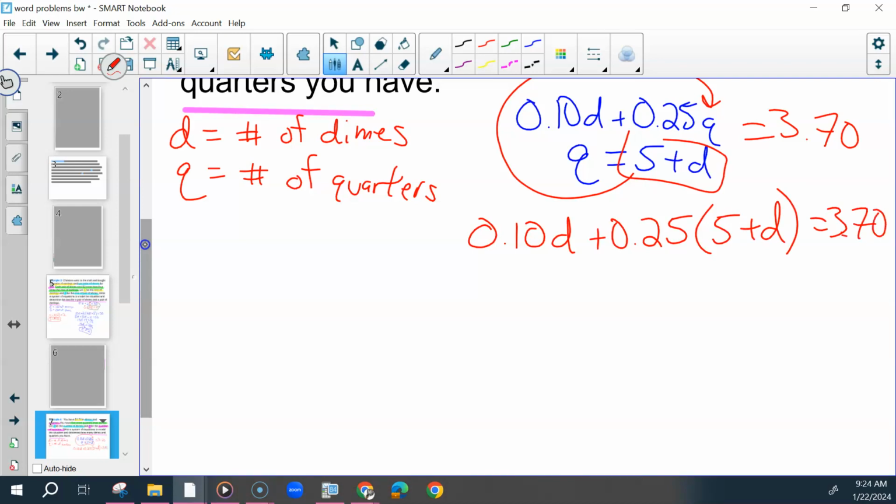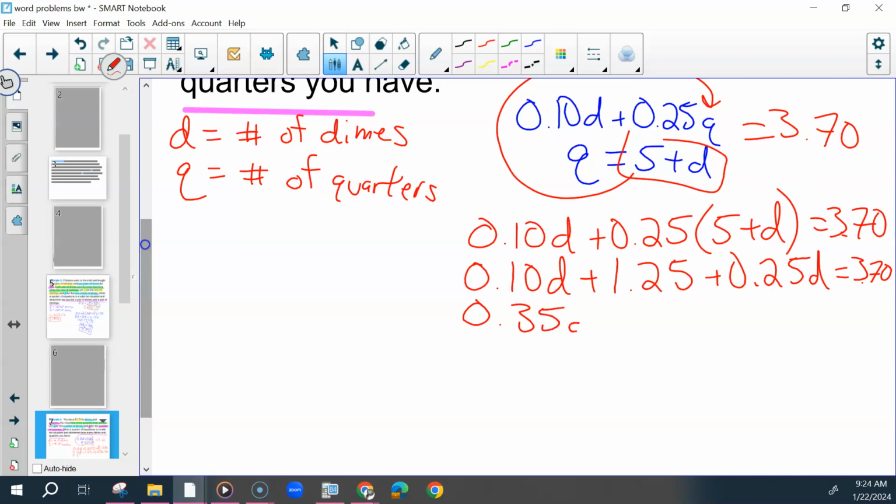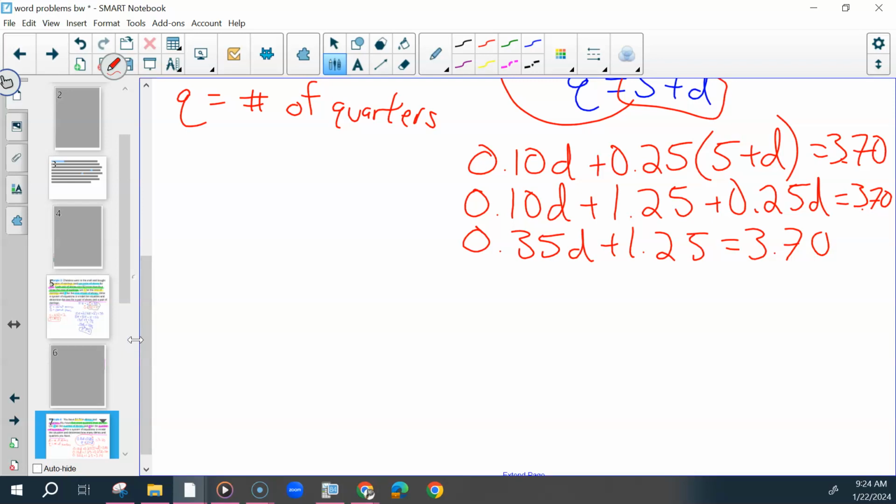Be careful with your decimals. Make sure you're bringing the decimals along. Combine your like terms. And then solve for your variable.